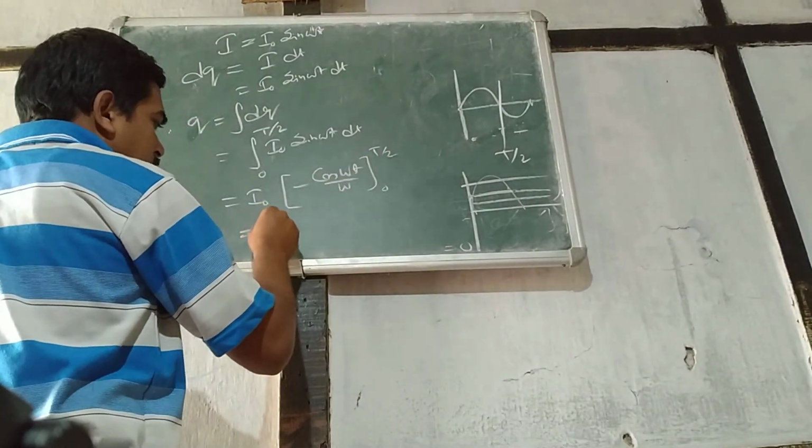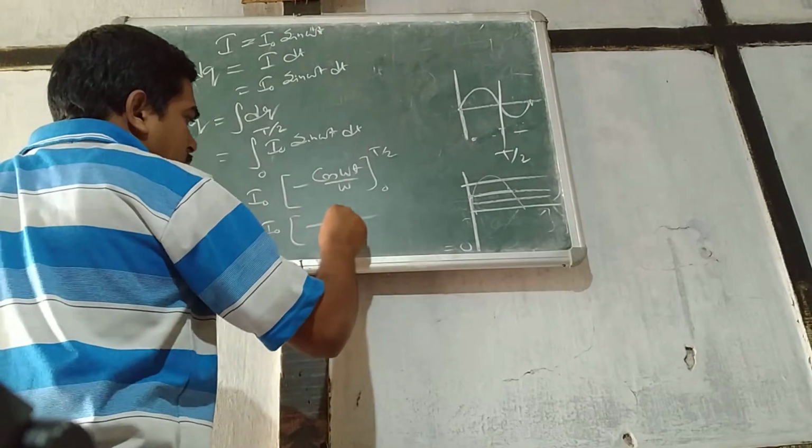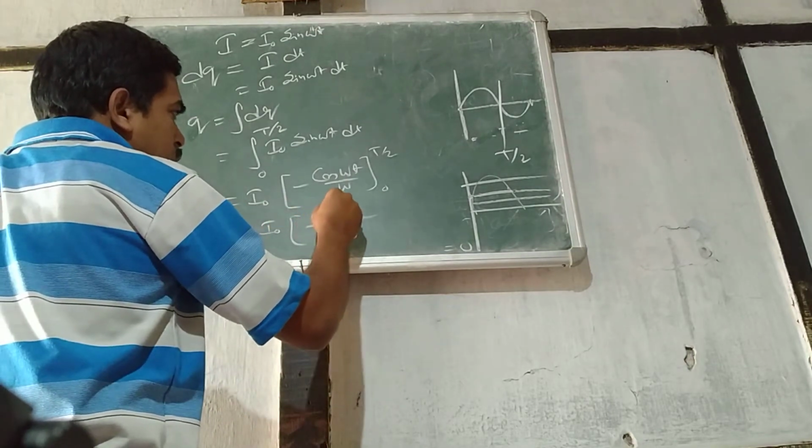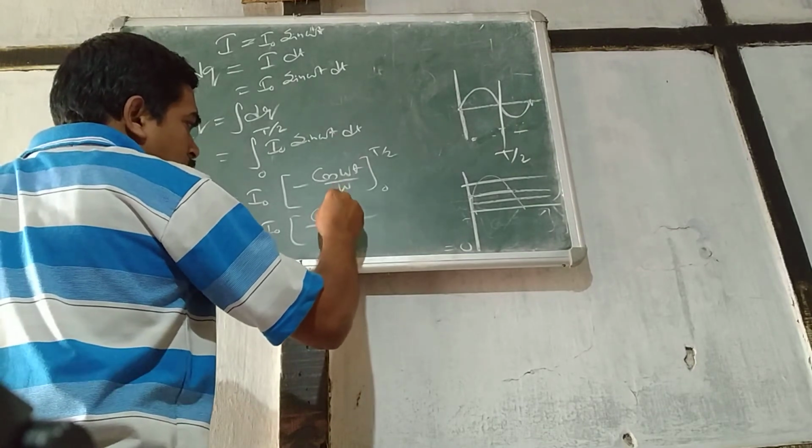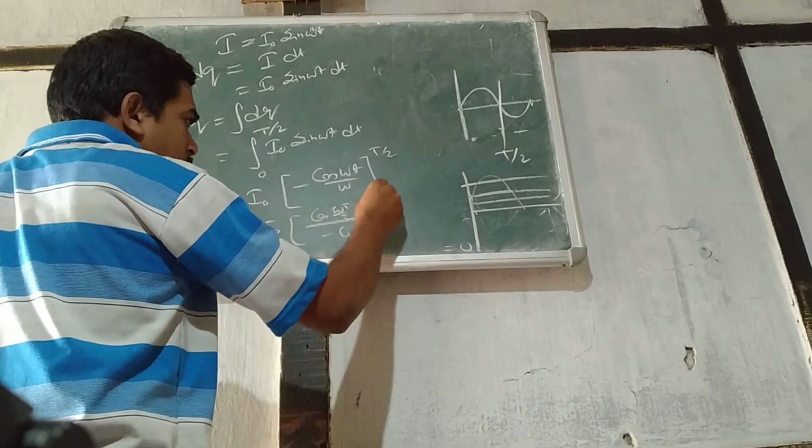This will be I naught by minus omega times cos omega t, where omega T by 2 is pi, minus cos 0.